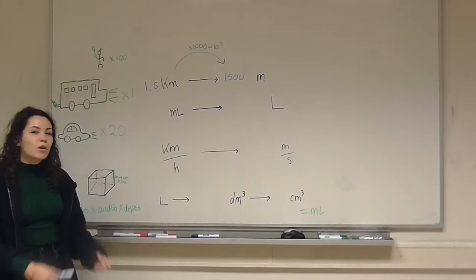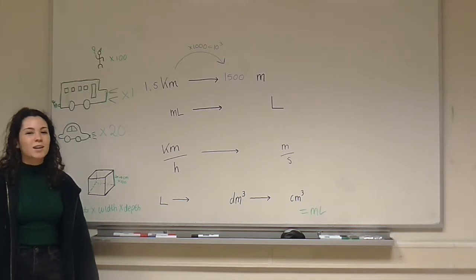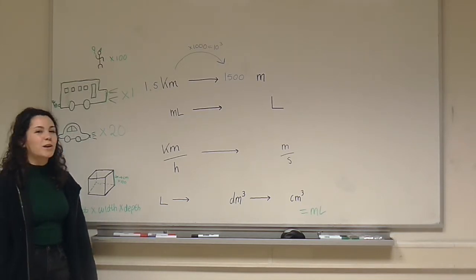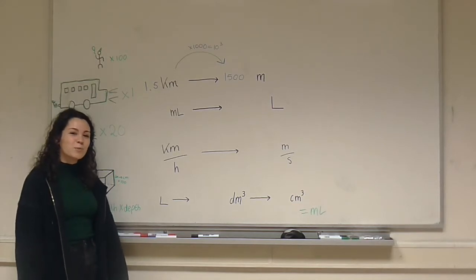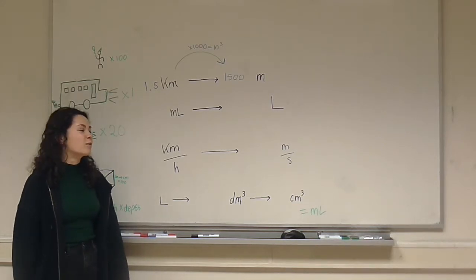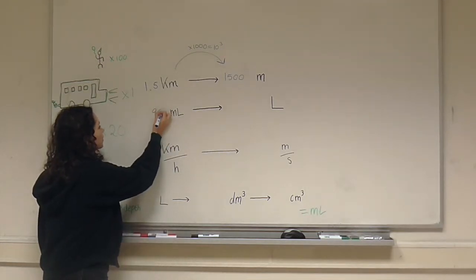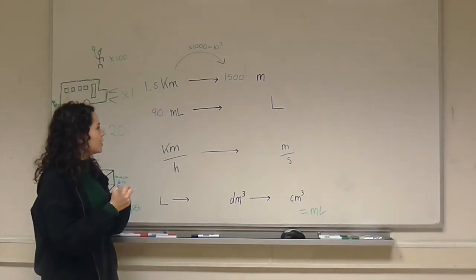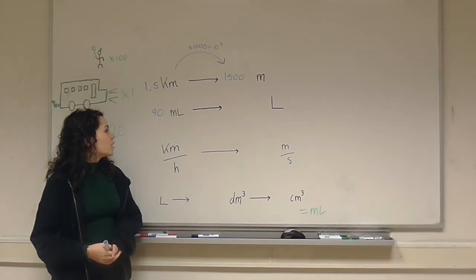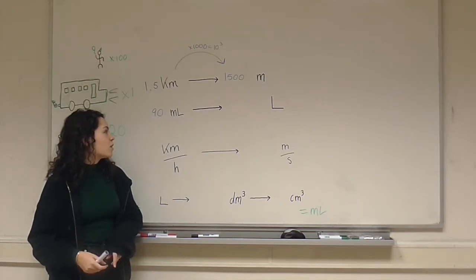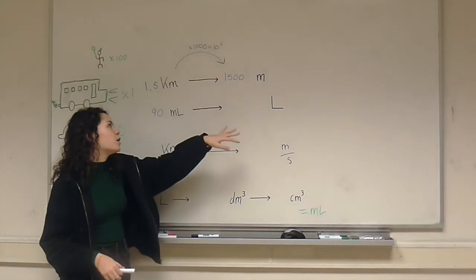Then let's say the students got to the party, they started drinking, and they were having fun, but then someone had a little too much to drink, they had 9 shots in a row, and that equals 90 milliliters of vodka. So in this case, if we want to know how many liters that is, we're going from a small unit to a big unit.